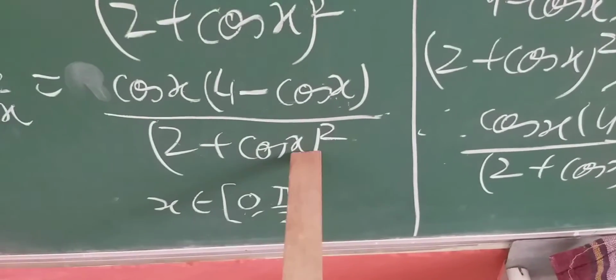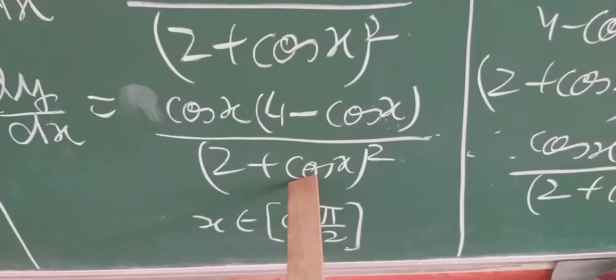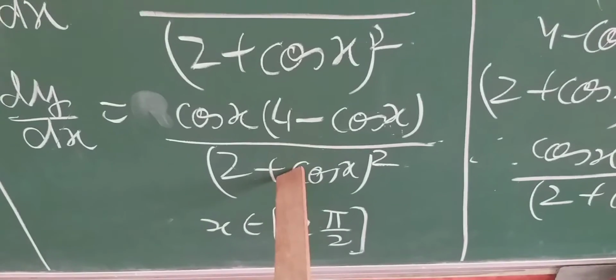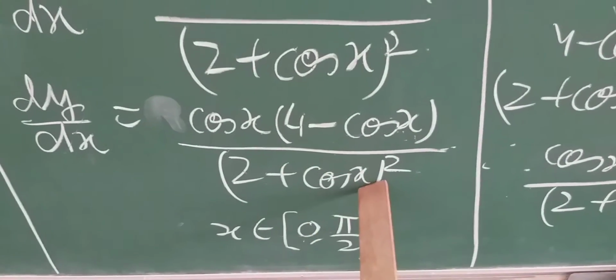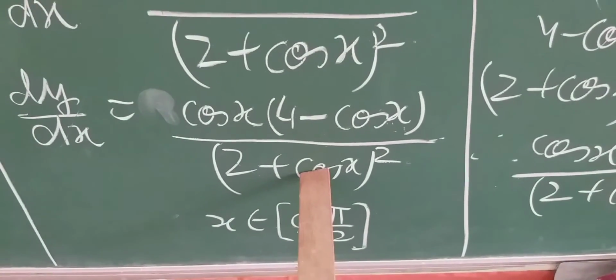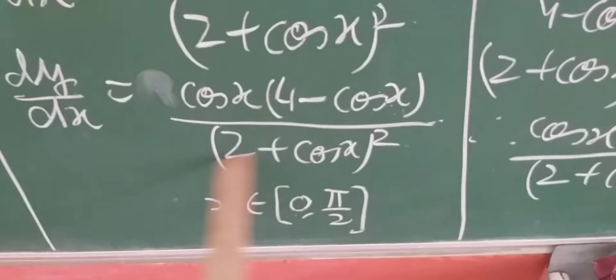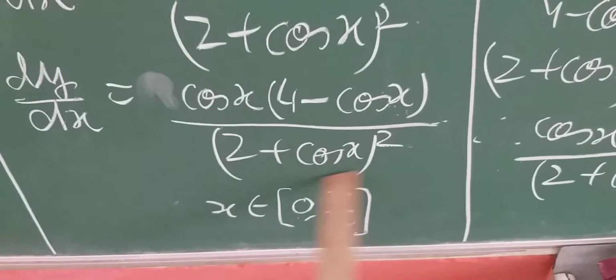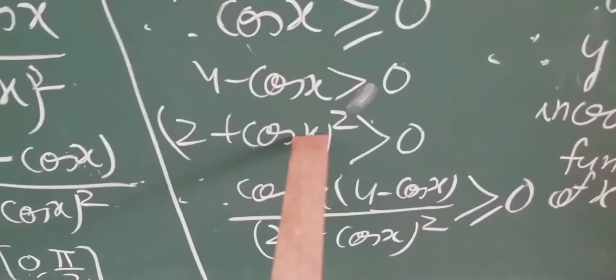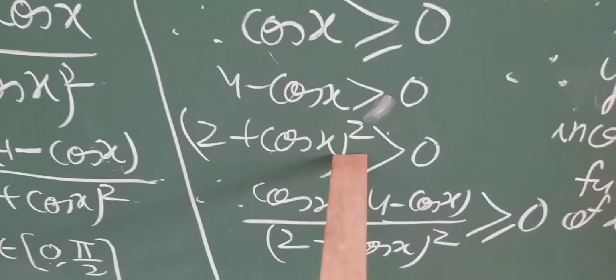And students, for the denominator, the cos x value in the first quadrant lies between 0 to 1. So 2 plus 0 or 2 plus 1, it is whole square, it is also positive. And we know that a square is always positive or equal to 0.